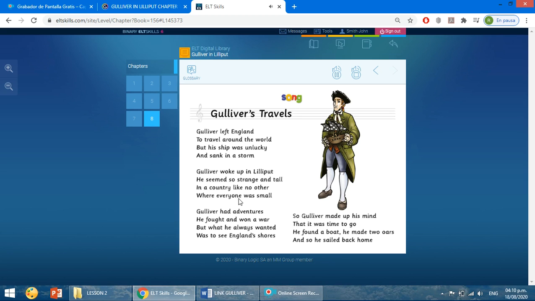He fought and won a war, but what he always wanted was to see England's shores. So Gulliver made up his mind that it was time to go. He found a boat, he made 2 oars, and so he sailed back home. Those were Gulliver's travels.